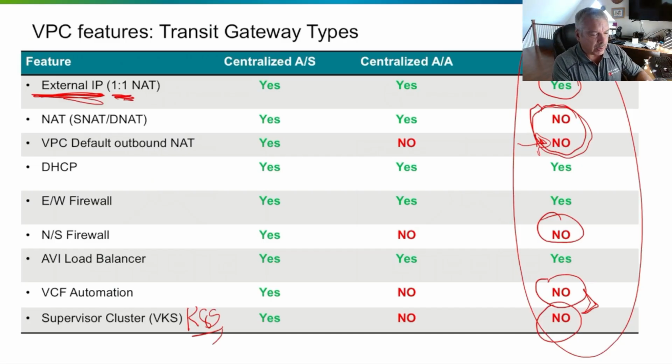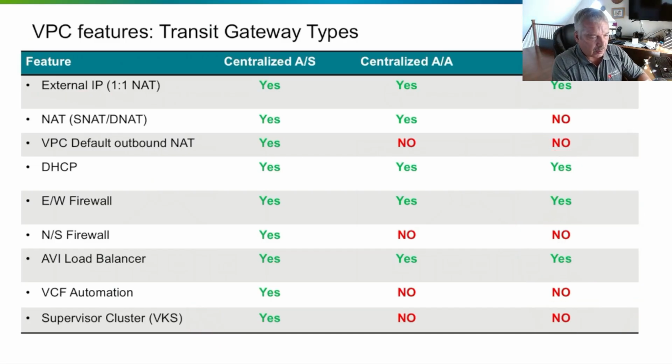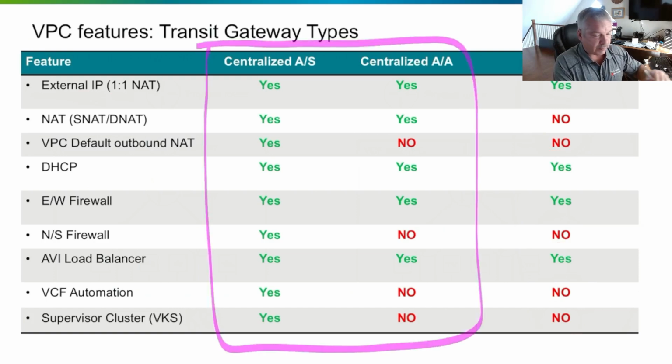Now, when we talk about centralized, remember it's an edge cluster. If you're familiar with that, great; if you're not, you want to watch my videos. With the edge cluster, when we set up gateways, we can say I want it to be in active or active standby. Active means I have multiple edge nodes with traffic flowing in and out of those. Connectivity to your physical environment would need to support equal cost multipathing.